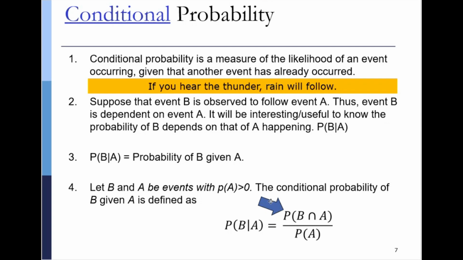Then you divide thunder and rain, divide thunder. You will get the probability of it raining after a thunder, which is definitely not 100% because not always. But is it 70%, 80%? Or is it 5%, 1%? See?